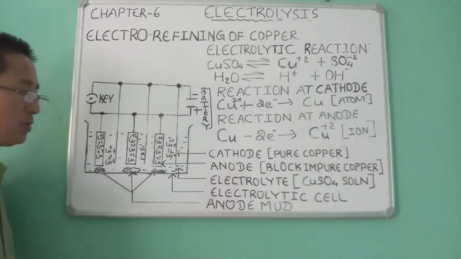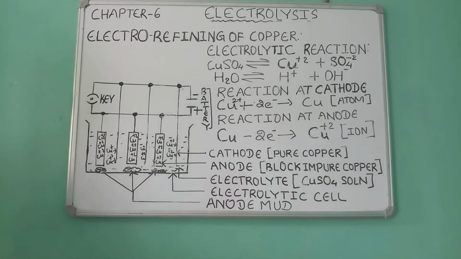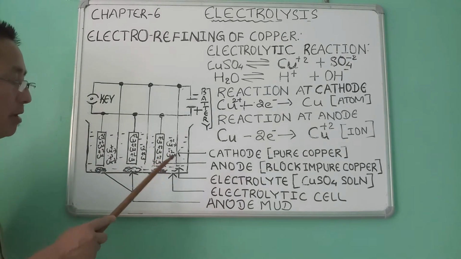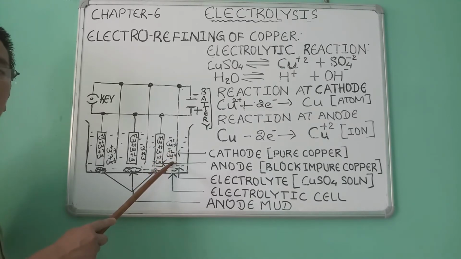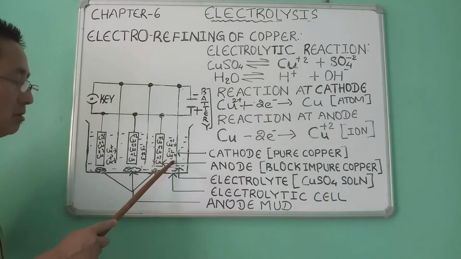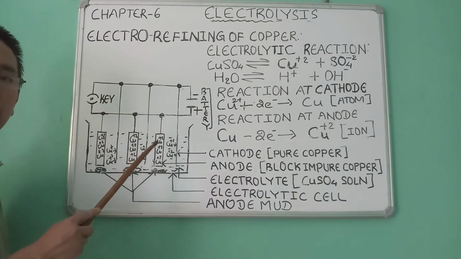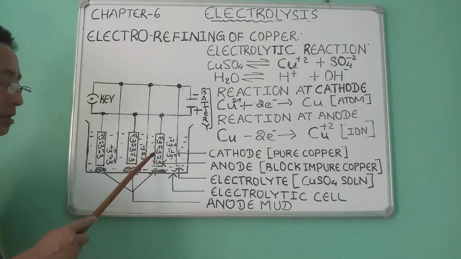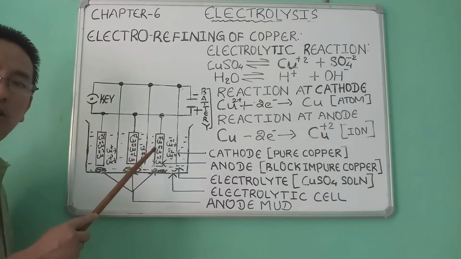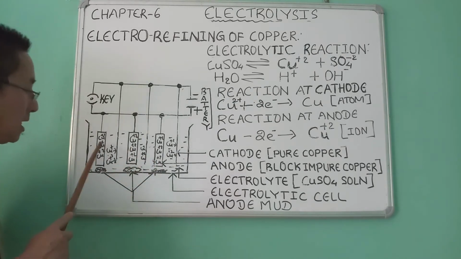Now what do we observe during this process? The size of the cathode increases because all the copper ions get discharged, or reduced, or become neutral at the cathode and get deposited at the cathode. Now, what will you observe at the anode?